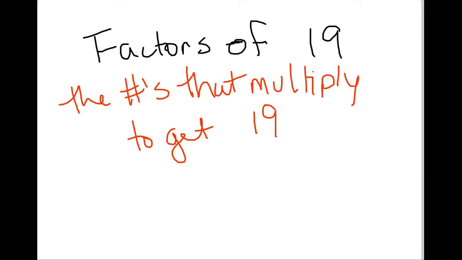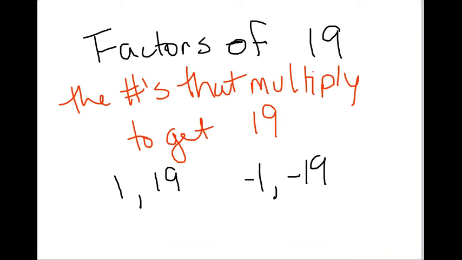to get 19. So if I'm looking at 19, hopefully you know 19 is prime, which means 1 and 19 are really the only two positive numbers that you can multiply to get 19. But you also have to remember that negative 1 and negative 19 will also give you a positive 19.